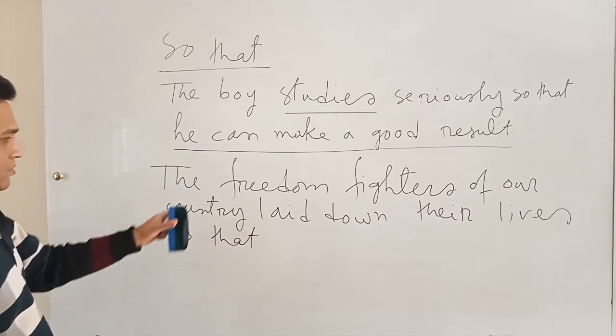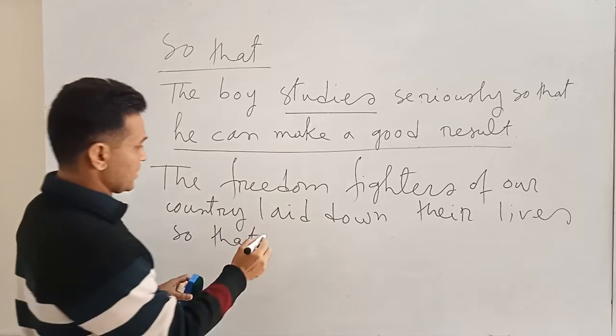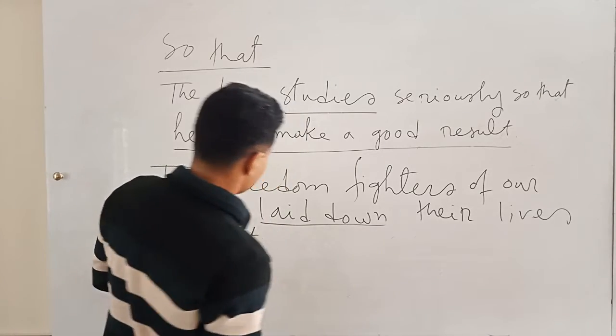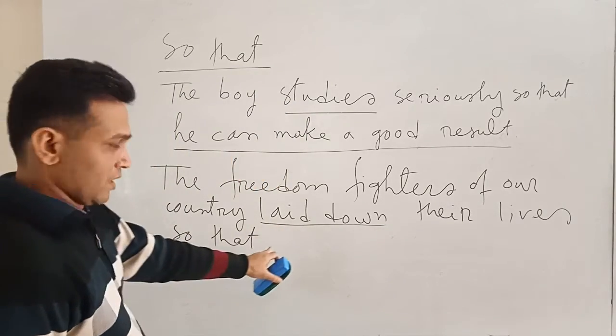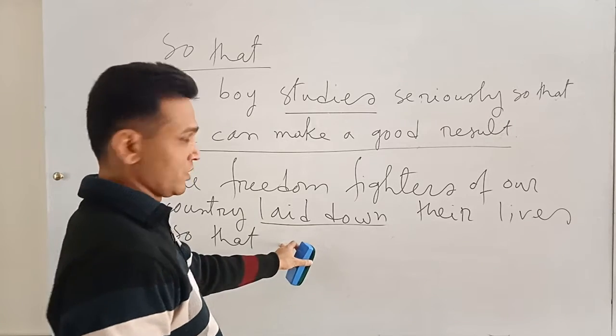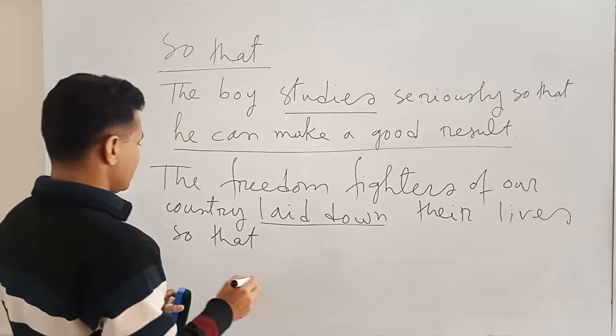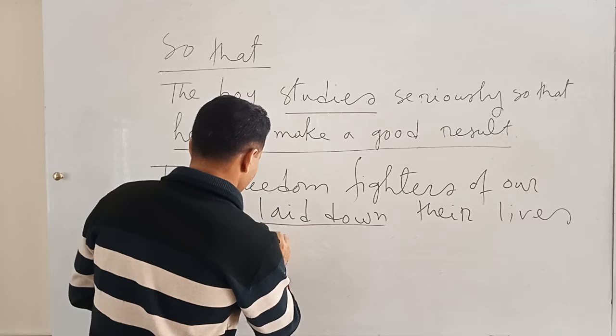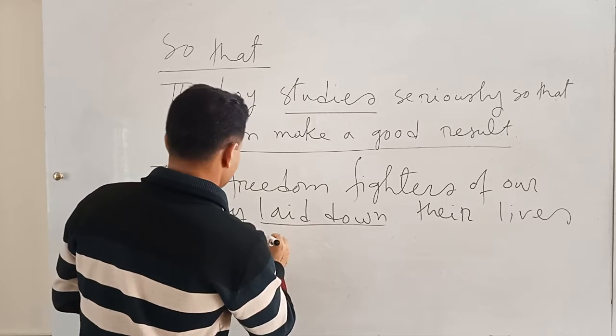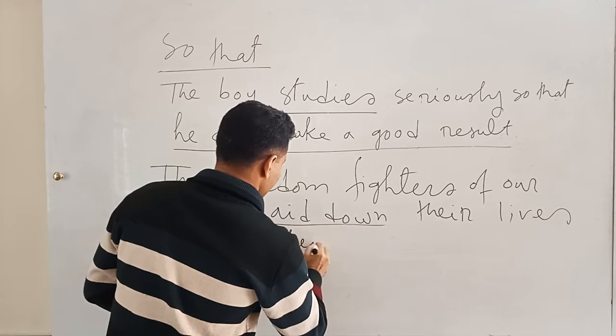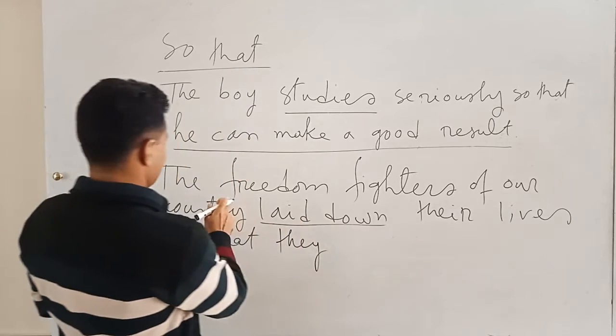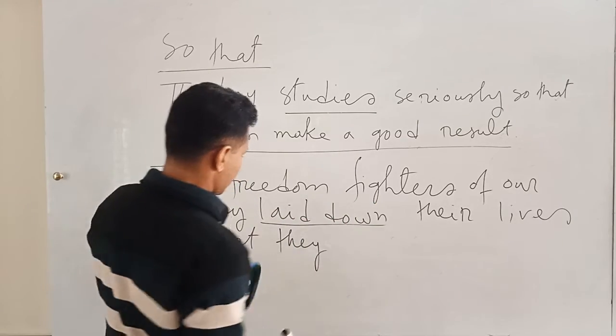in this sentence, if you notice, the main verb lay down is in past indefinite tense, so the second clause or subordinate clause will be in past tense, of course. So that you have to use the subject of the second clause, so that they, I can use they, the pronoun of the freedom fighters.